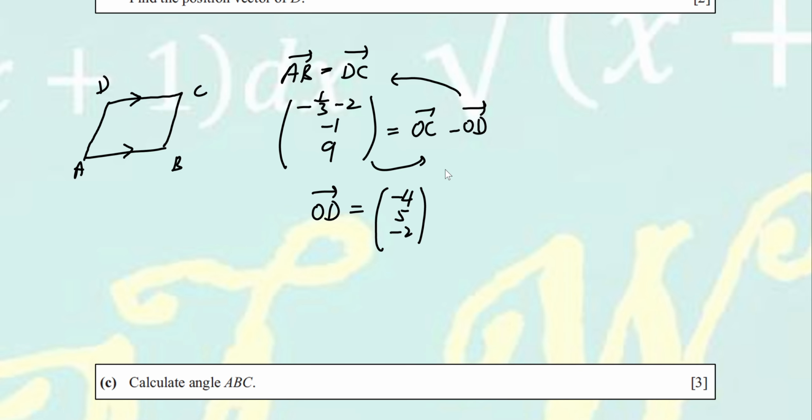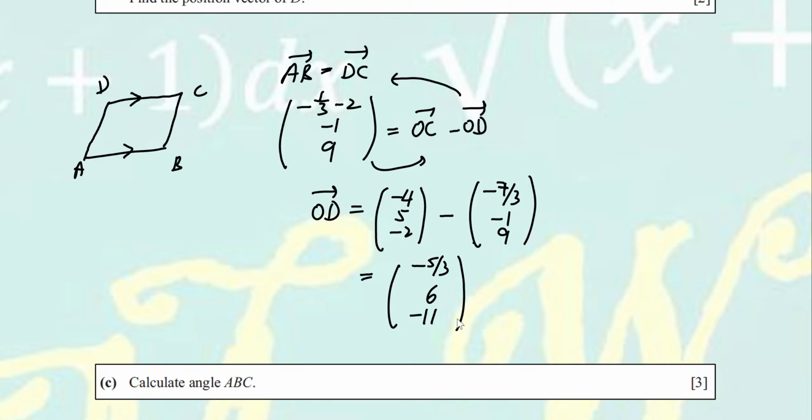Okay, and then your minus, this minus 1 over 3 minus 2 is basically minus 7 over 3. And then minus 1 and 9. So when you minus, simplify it, it will be minus 5 over 3, 6, and minus 11. So that is your OD.